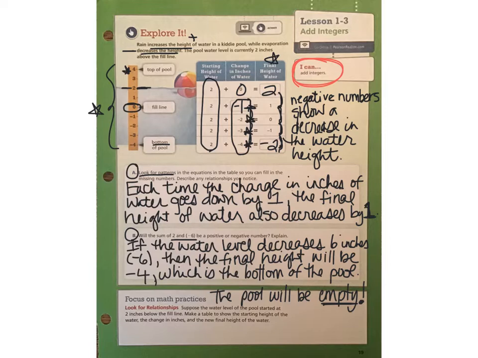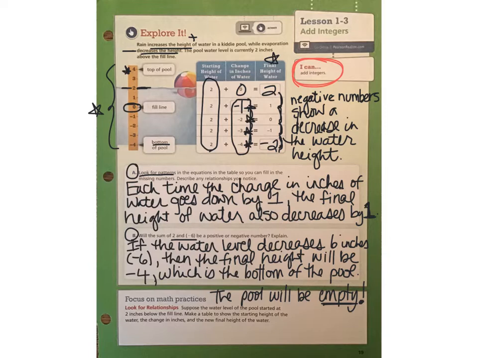Using the same ruler that you see in the problem, we can model this situation. The sum of 2 and -6 would essentially be what happens when we start at 2 inches above the fill line and we drop or decrease by 6 inches. Okay, that would be your -6.